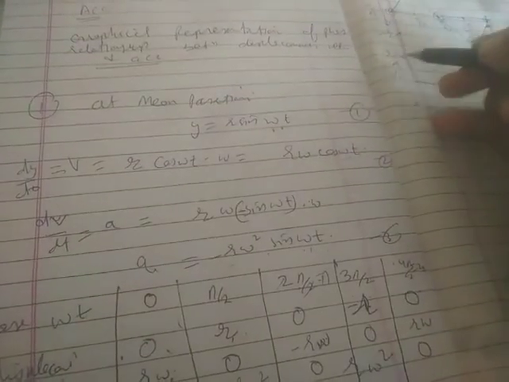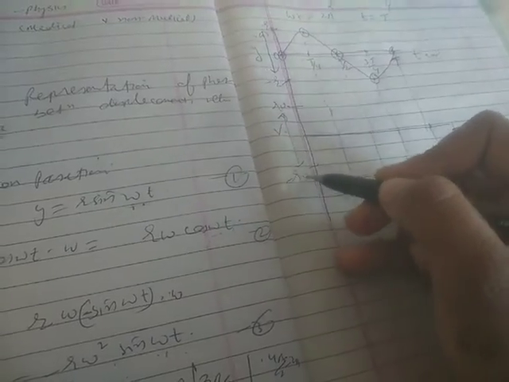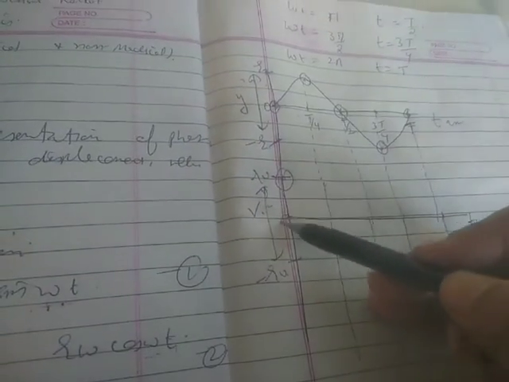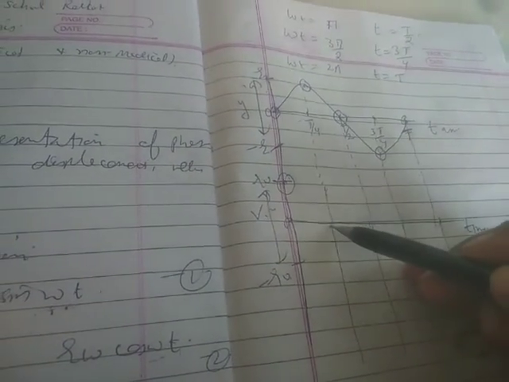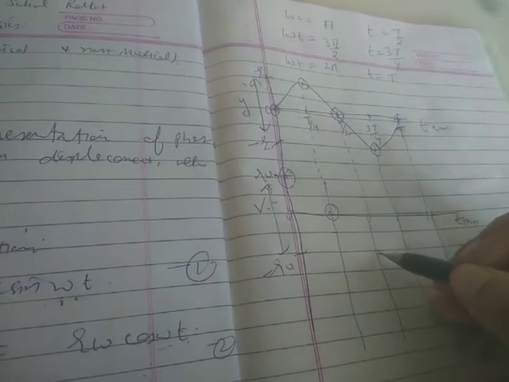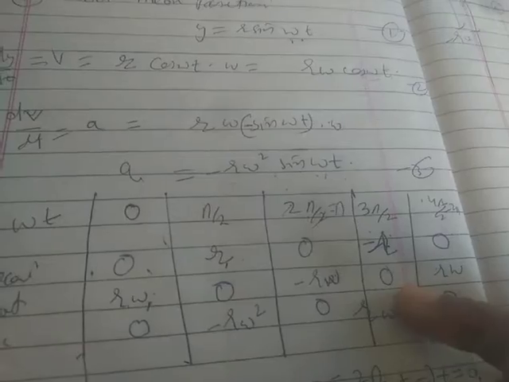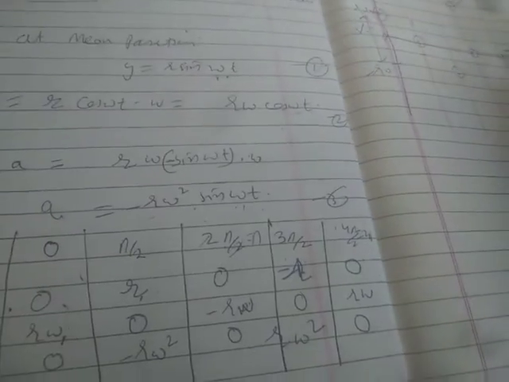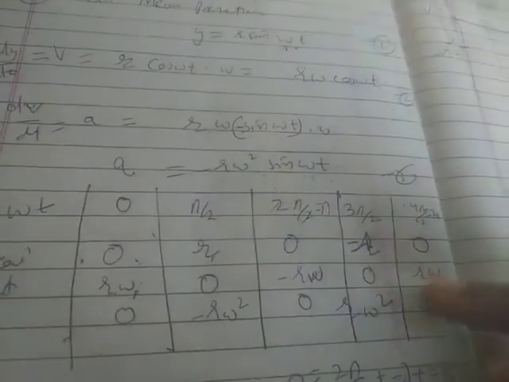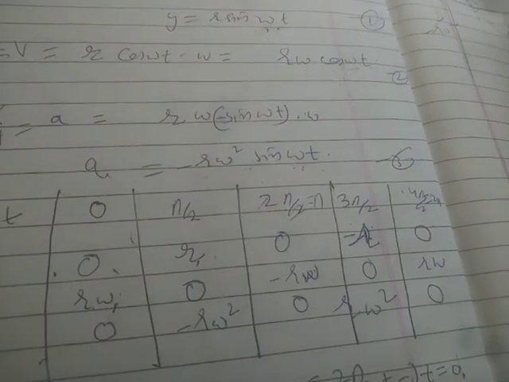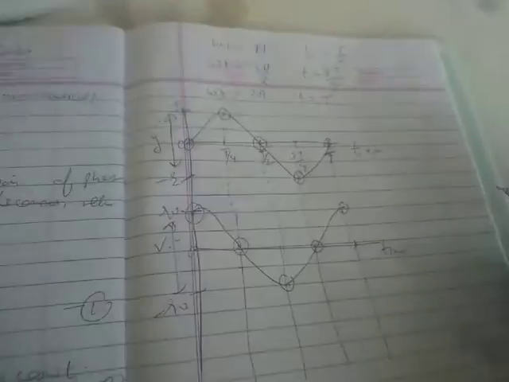Here we will take r omega and here minus r omega. At time equal to 0, this is equal to r omega, and at time T by 4, it will be 0. Then at time T by 2, it will be minus r omega according to the table we made. Then at 3T by 4, it will be 0. Then at T, it will be r omega, meaning here. So we will match it, this is the graph, like this.